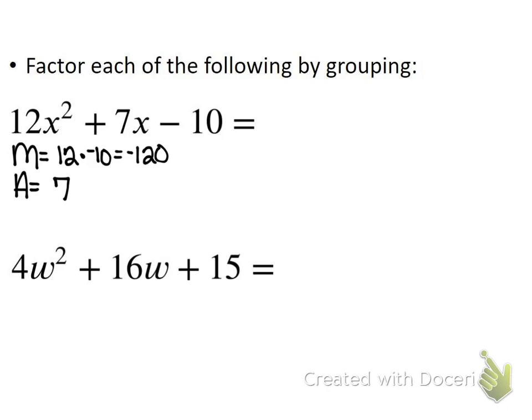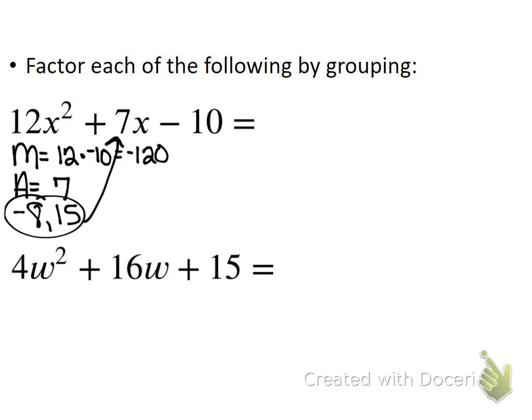So let's look. Negative 120, which of those can I either add together to get 7 or subtract to get 7? 8 and 15. Now, which of those numbers is going to be negative? Negative 8, the smaller one. Good. Negative 8 and 15, if I add them together, that's going to get me the 7x.